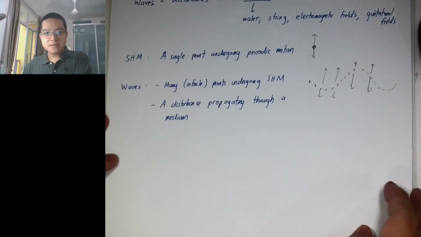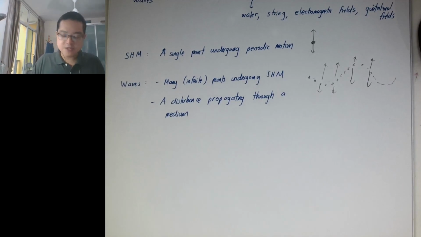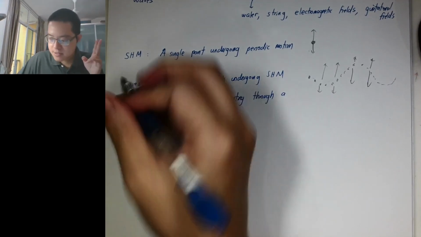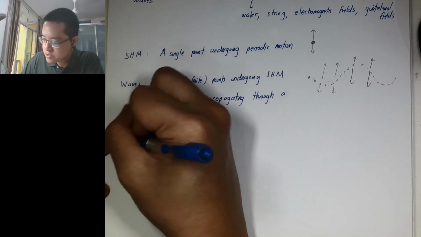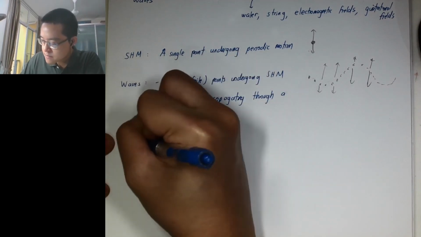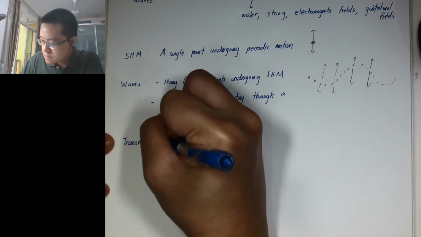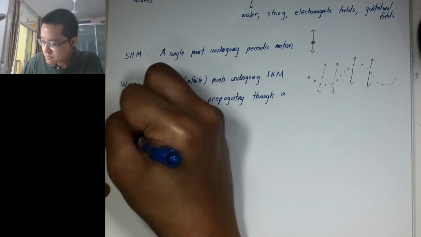So okay, now this is just the definition of waves, and what we will do is we will study two types of waves. The first type that we will learn is the transverse wave. Okay, so what's a transverse wave?